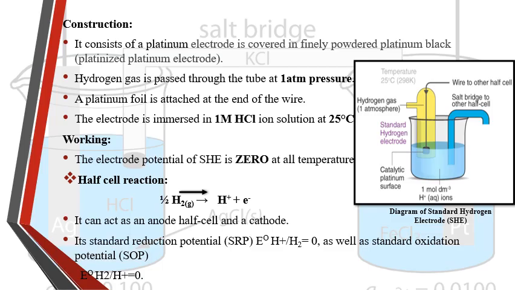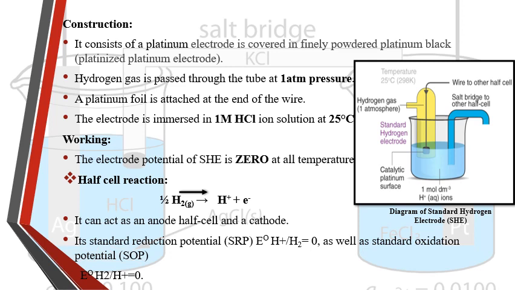In summary, the construction and working of the SHE: the SHE is constructed using a platinum electrode, a high purity hydrogen gas supply, and a standard acid solution.